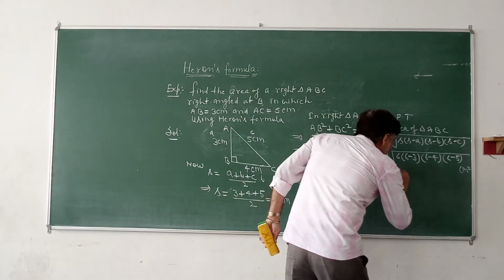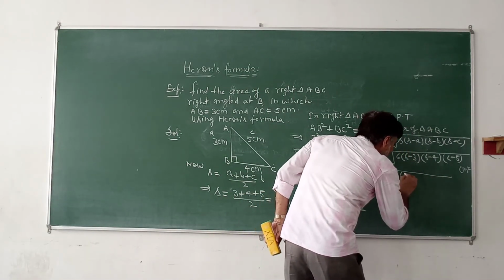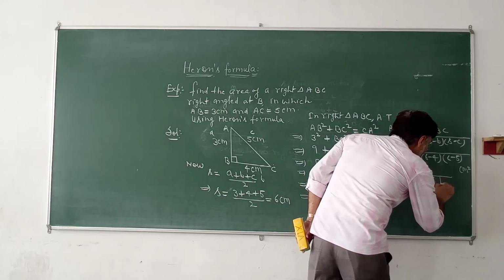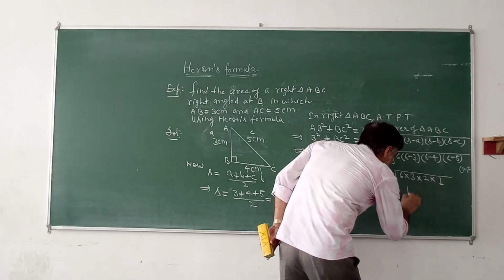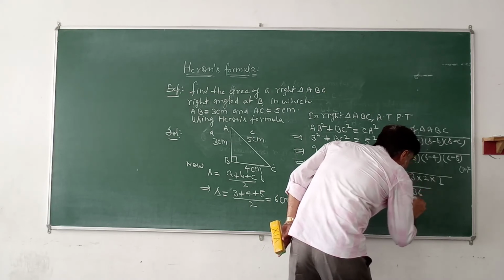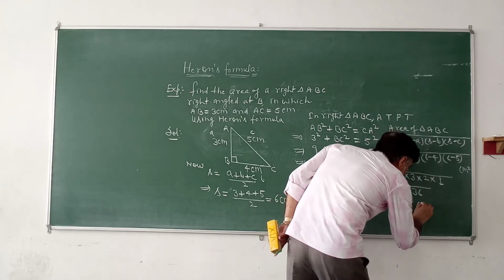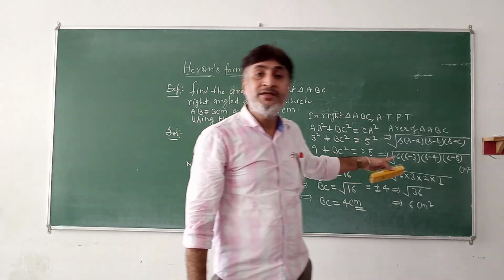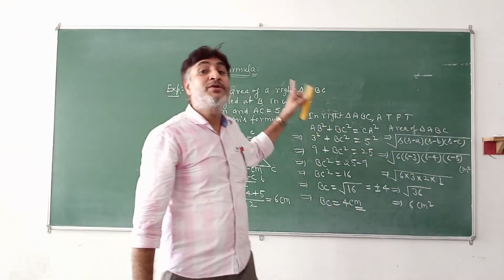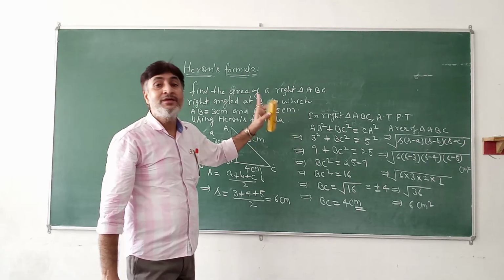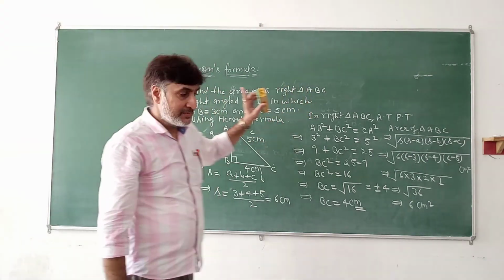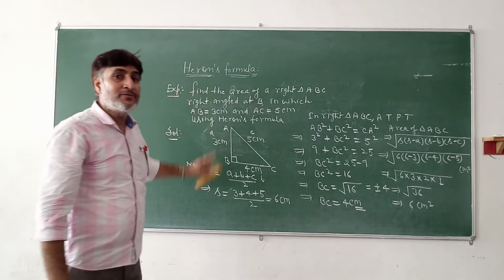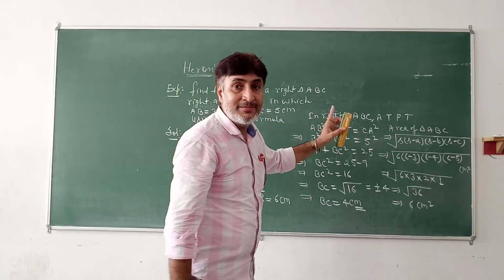After simplification, it becomes 6 into 3 into 2 into 1, that is square root of 36, which becomes 6 centimeter square. Again we are ignoring minus 6 because area can never be negative. So the area of this triangle using Heron's formula becomes 6 centimeter square.